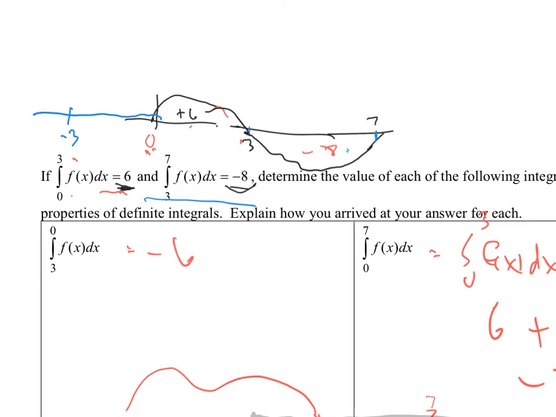Except for the fact he did give me a secret right now. He told me it's an even function. So whatever picture I had here is technically the same image over here. So I kind of do know that from 0 to negative 3 had to be the same picture as this. So if that was 6, this had to be 6.